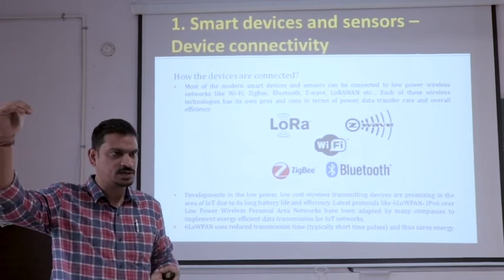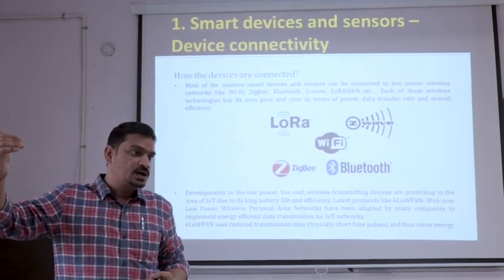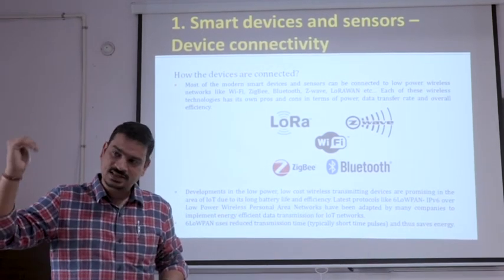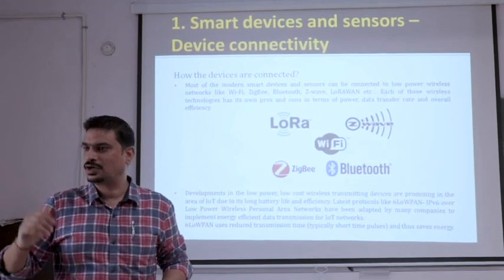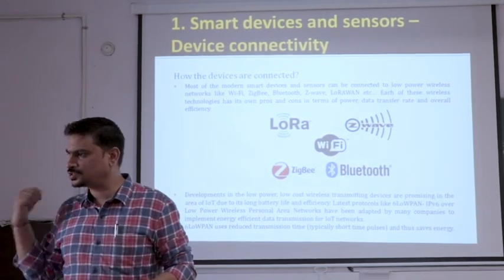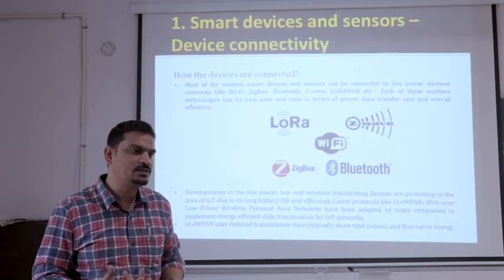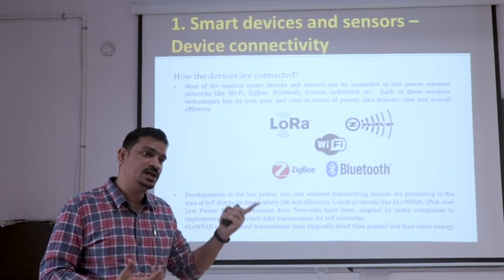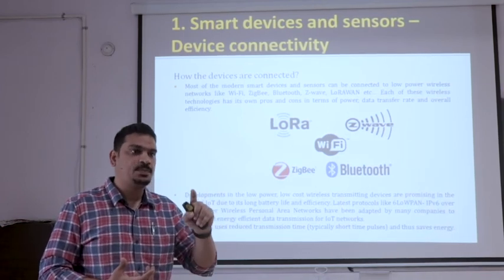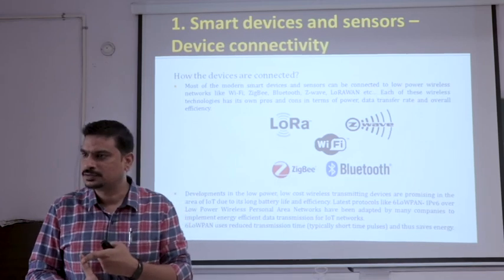But when we are going to the network layer, we use IP addresses, and this IP address is very much necessary when you are connecting your device to the internet. When we are talking about IoT, it is all about the internet. So if a device wants to connect with the internet, it should have an IP address. Got it?